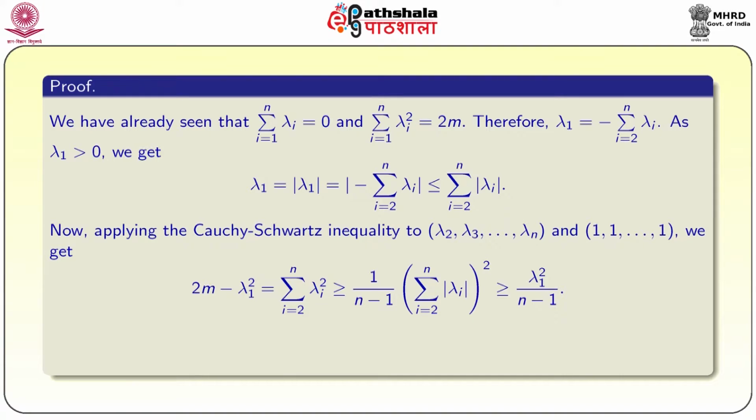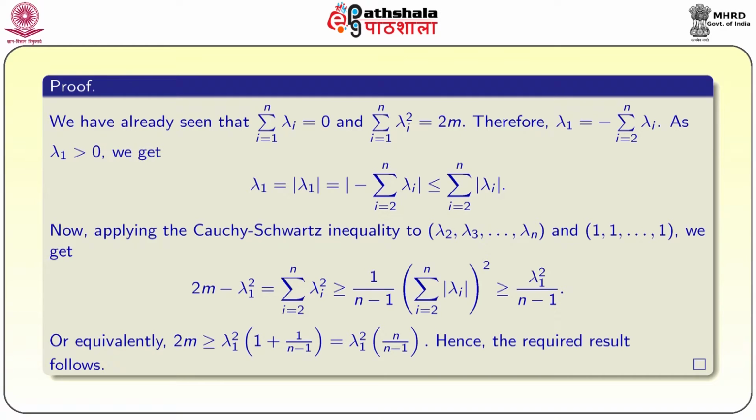Now, applying the Cauchy-Schwarz inequality to lambda 2, lambda 3 and so on to lambda n, and the vector of all ones, we get that 2m minus lambda 1 square is equal to the summation of lambda i square from i equal to 2 to n, which is greater than or equal to 1 by n minus 1 times the square of the summation from 2 to n of lambda i, which is greater than or equal to lambda 1 square by n minus 1.